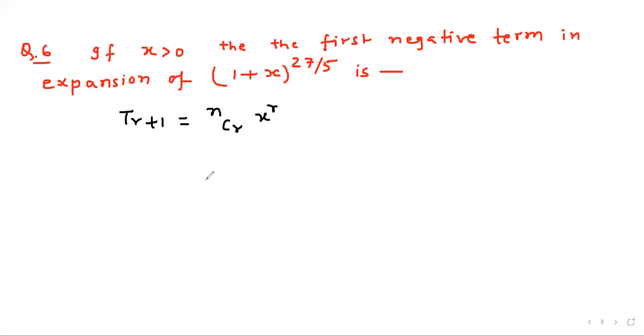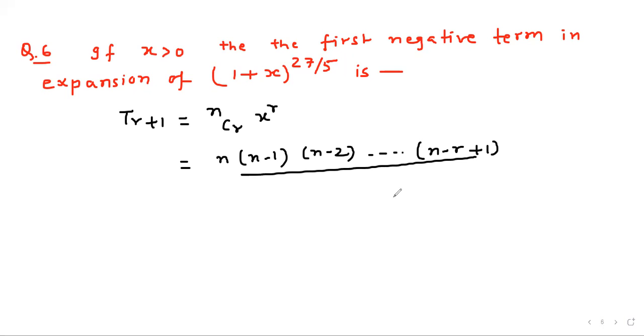So we can further write it as n into n minus 1 into n minus 2 dot dot dot till n minus r plus 1, divided by factorial r, times x power r.